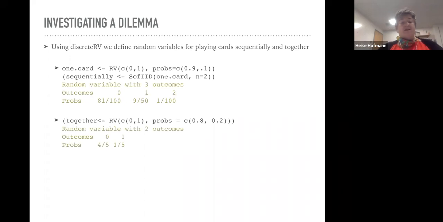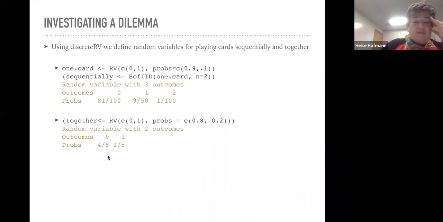The other strategy would be to play the 2 cards together, and that changes our probability from just 10% to 20% for 1 chip. So we've got 2 outcomes, 0 and 1, with 20% for 1 and a probability of 80% for 0.